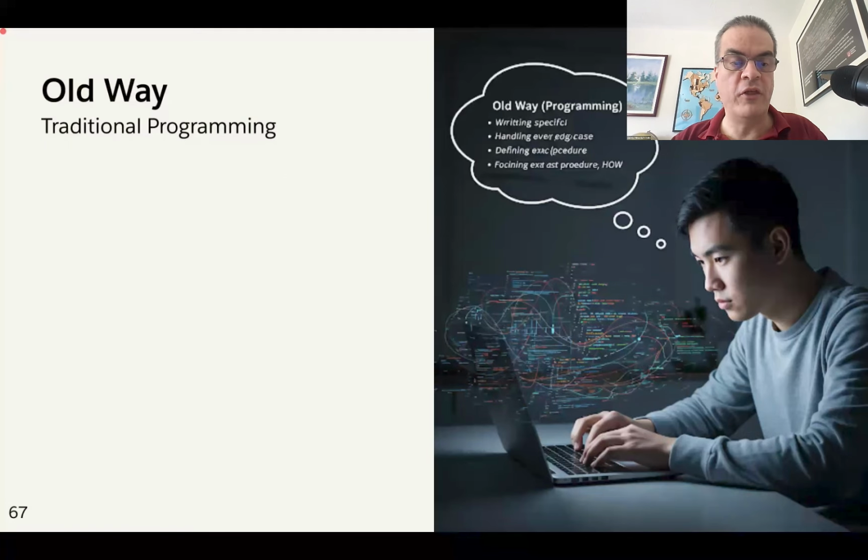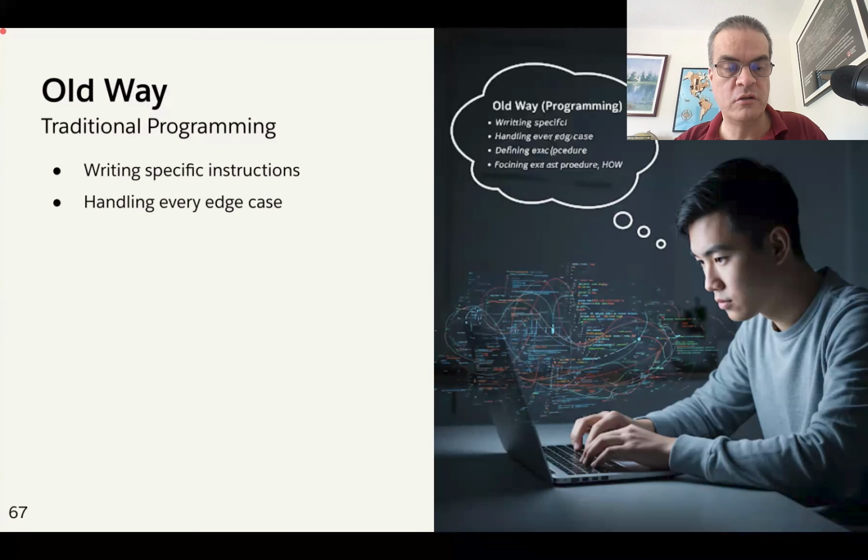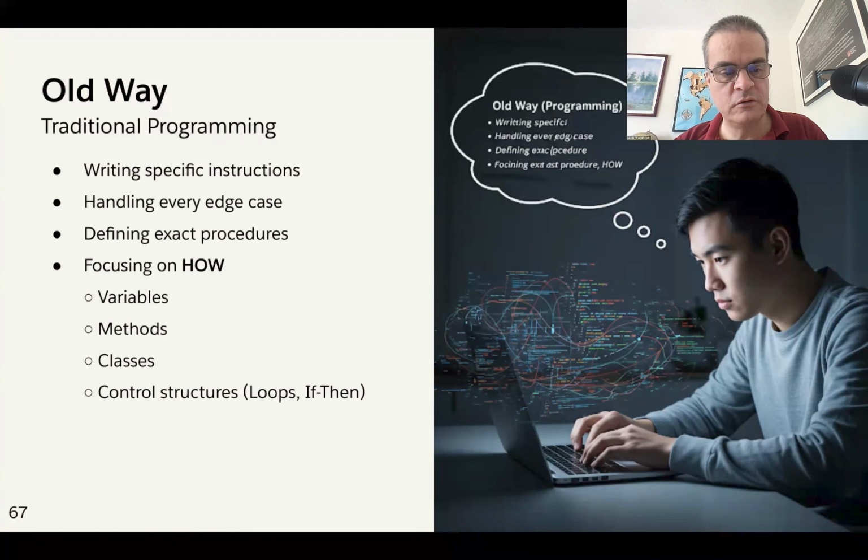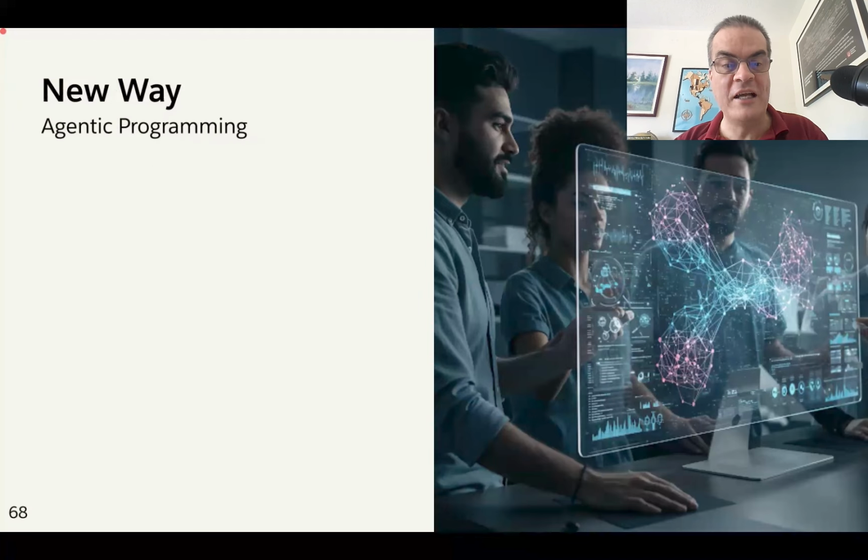The old way of doing things, traditional programming: we write specific instructions. We handle every single edge case. We define the exact procedures. We basically focus on how a problem needs to be solved. We think about variables, methods, classes, control structures, loops, ifs, etc. But with the new way, with agentic programming, we need to start thinking differently.